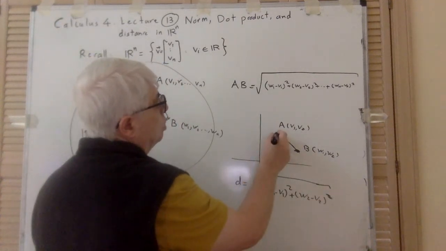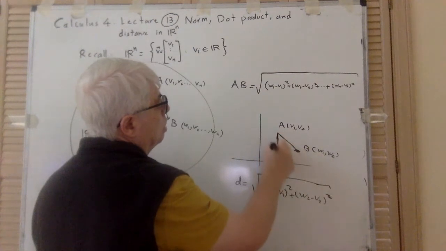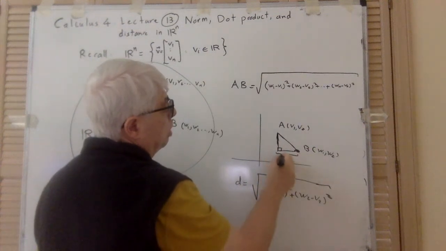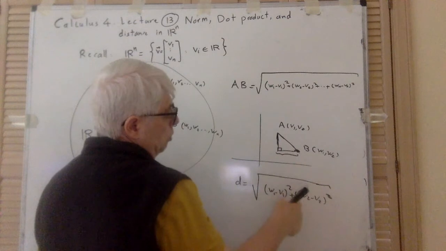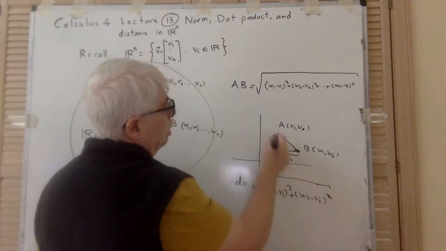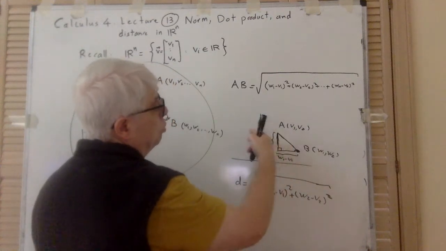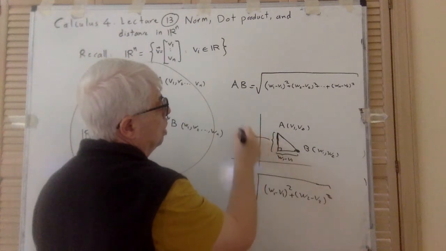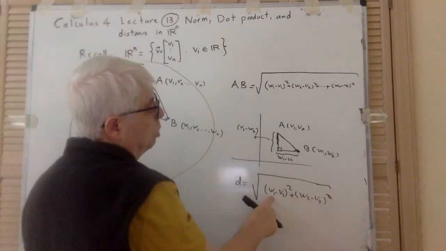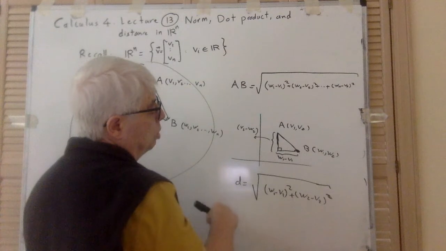And that comes from this fact that this is a right triangle here. We have a right triangle here, and this side of this right triangle has length V1. In fact, this is W1 minus V1, and this side has coordinate, this V2 is larger, so this side is V2 minus W2. When you square them, there's no difference between W1 minus V1 or V1 minus W1.